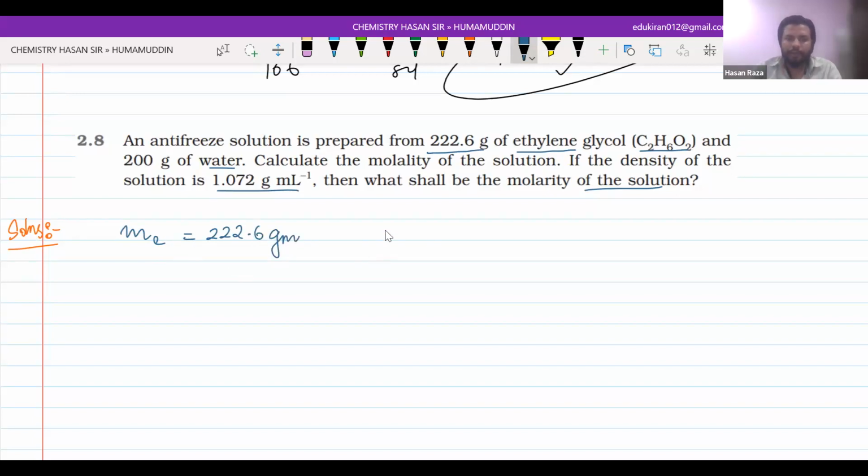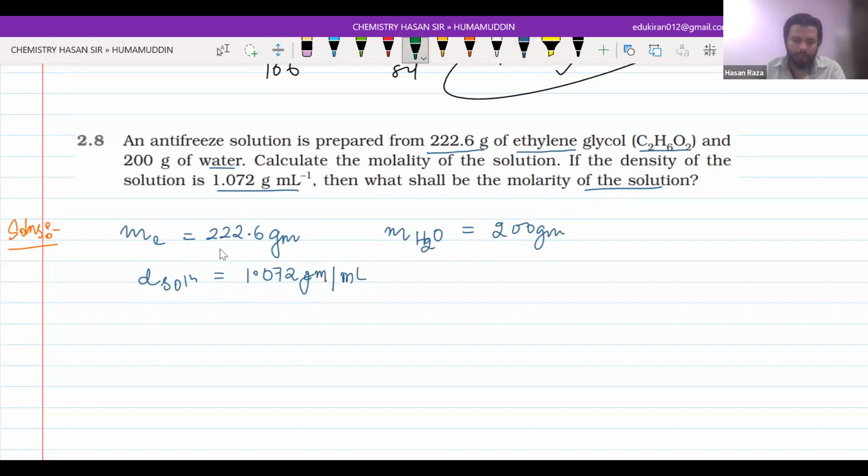And it is also given that the mass of water, that is H2O, is 200 gram. Also, it's given that the density of the solution is 1.072 gram per ml, right?